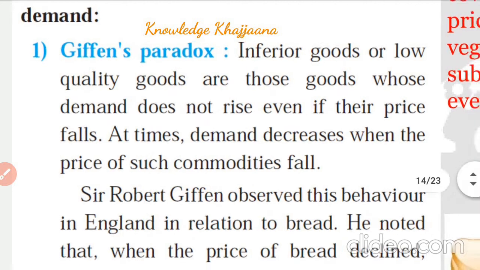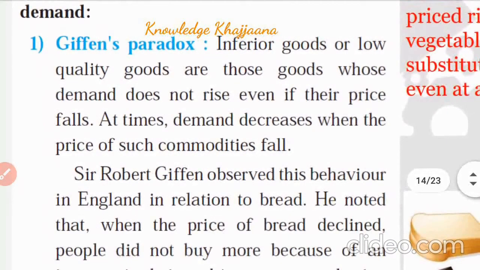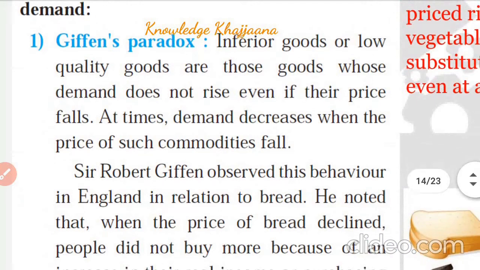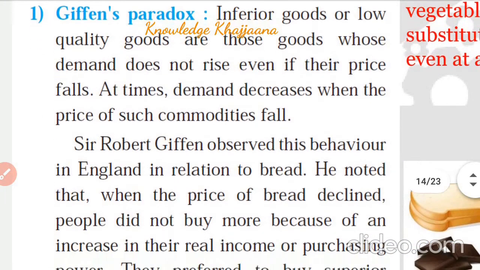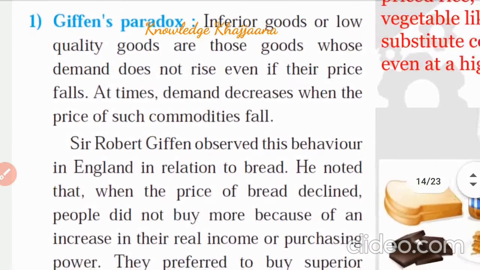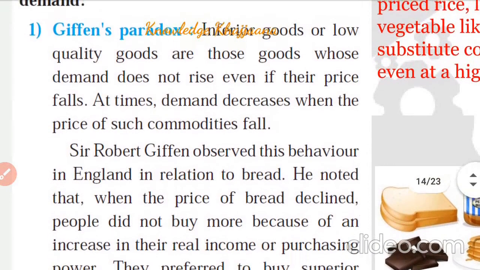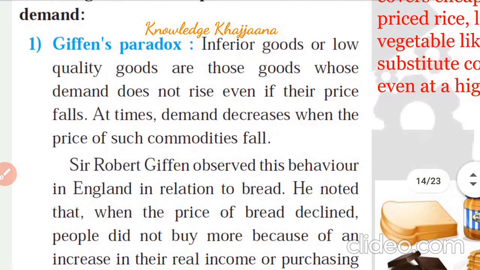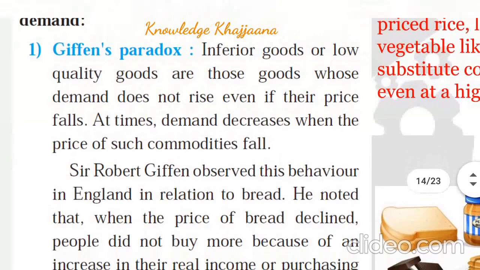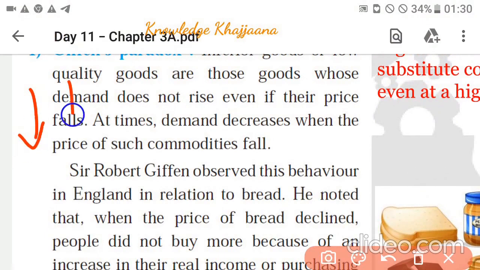What does this Giffen Paradox say? Inferior goods or low quality goods are those goods whose demand does not rise even if their prices fall. At times, demand decreases when the price of such commodities falls. Even if the price falls, the demand also falls with inferior goods.